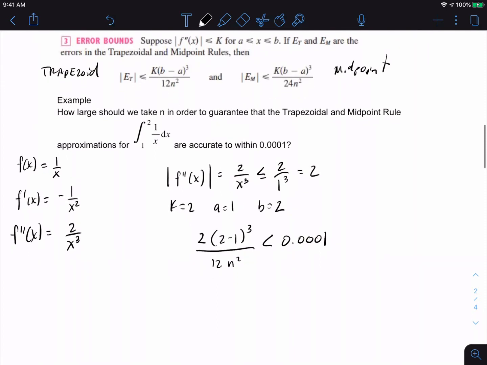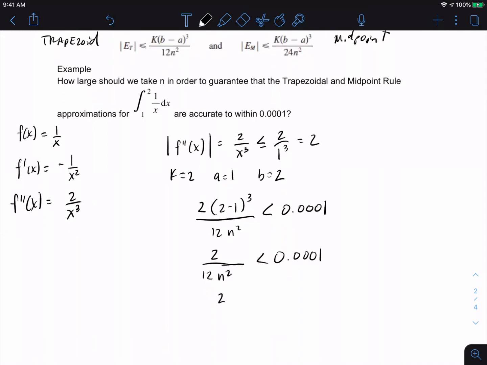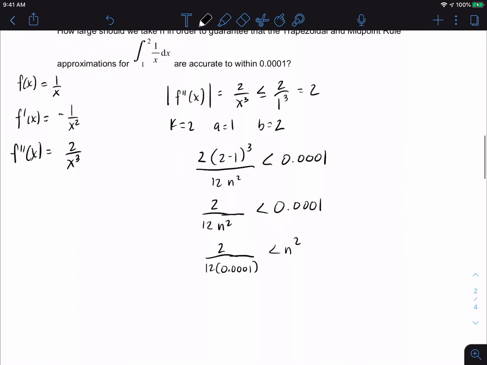All right, so in the manipulation of this, I'm going to get 2 over 12 n squared is going to be less than 0.001, or it's asking for an accuracy of the 10,000th place, which is pretty dang good. So I'm going to get 2 over 12 times 0.0001 should be less than my n squared.